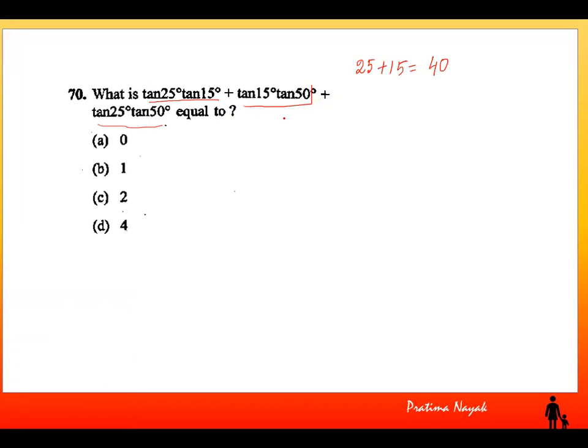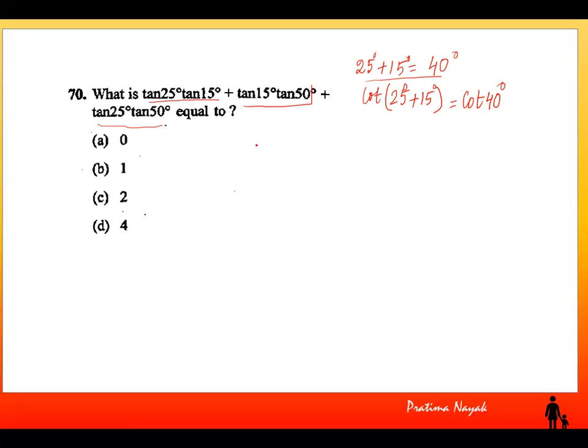So I am not getting 50. Then I won't take the tan function, rather you will take the cot function on both sides, cot of 25 plus 15. This type of question, when you are getting tan and cot, you will start in an indirect way, making the relation between them. So this is equal to cot 40 degrees, and you know that cot 40 degrees is tan 50 degrees. So it will serve our purpose.